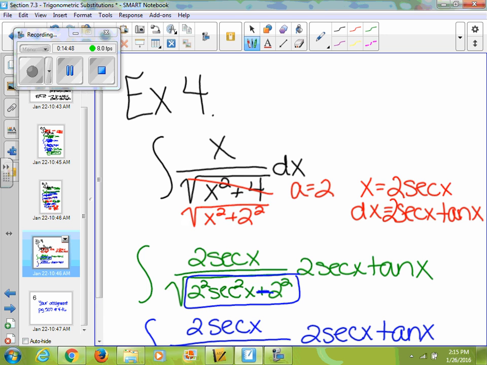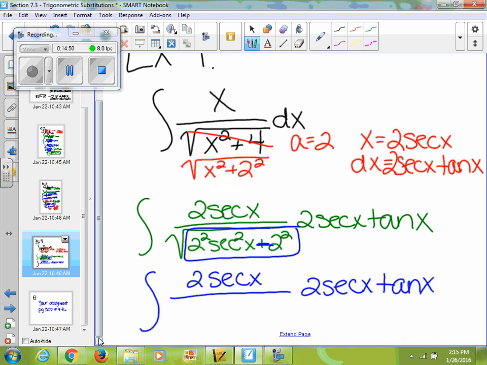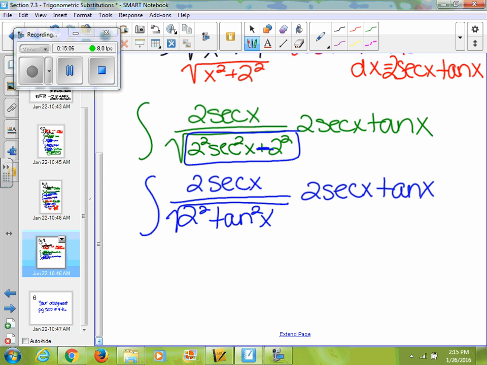Maybe this is supposed to be a minus. We'll make it a minus. Then you can replace it with a squared tangent squared. So 2 squared tangent squared. Square root of 2 squared is 2. Square root of tangent squared is tangent.